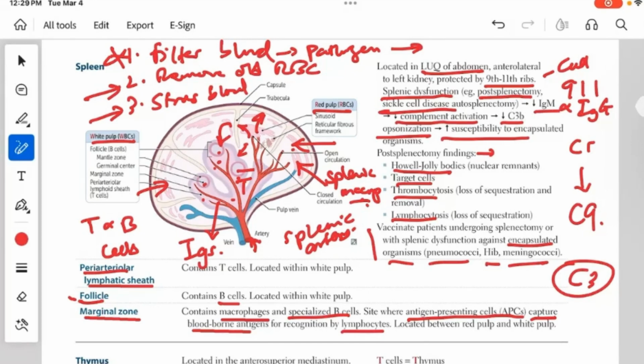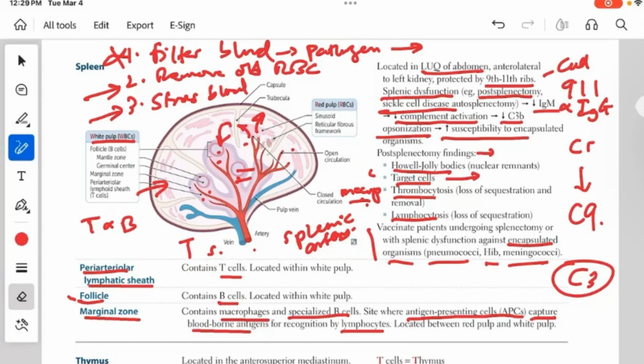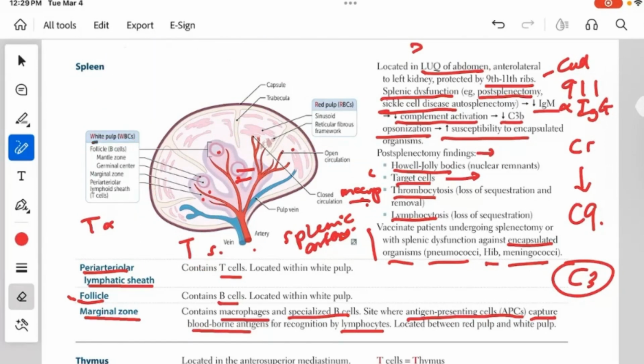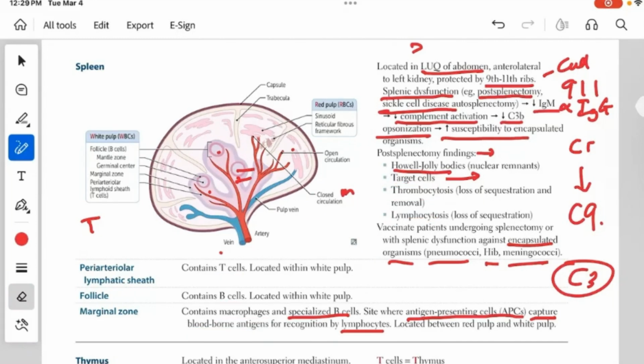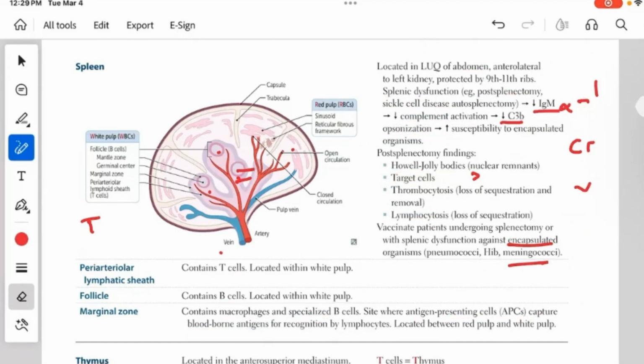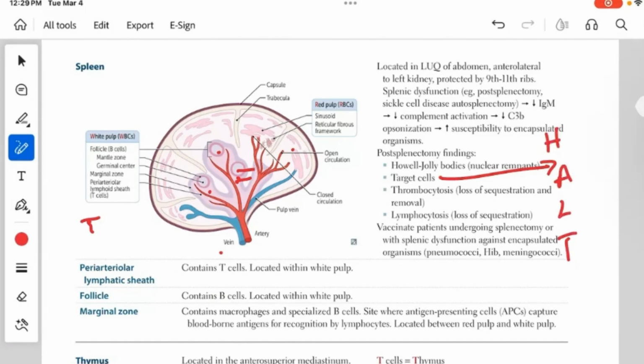Another thing I forgot to mention about these target cells is that there are several conditions that give rise to target cells. You come across that in your hematology. There's a mnemonic for conditions that lead to target cells: HALT. This stands for thalassemia, liver disease, asplenia, and hemoglobin C disease.